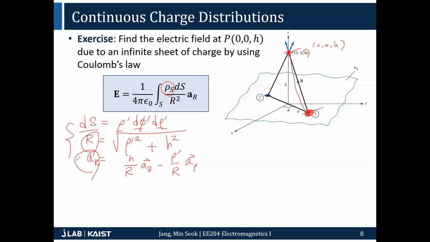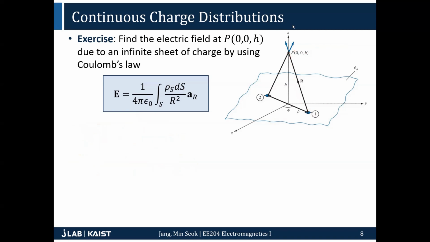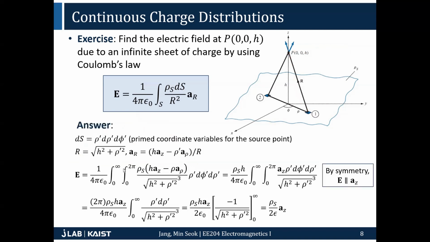Once you know this, everything else is just solving the integration, which is a straightforward step. This is the way you solve it, and once you plug everything in, you get this.